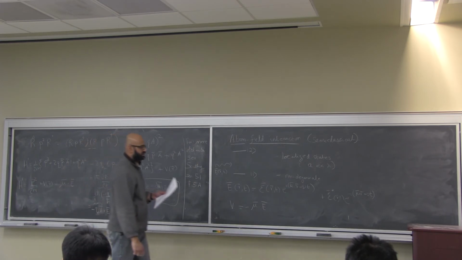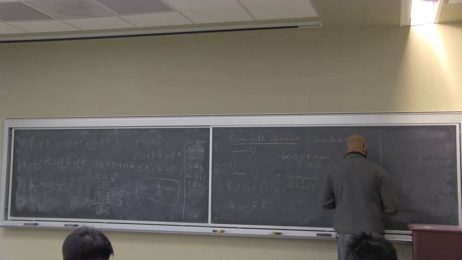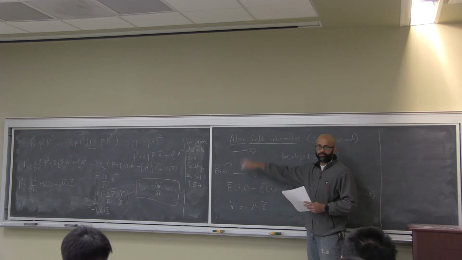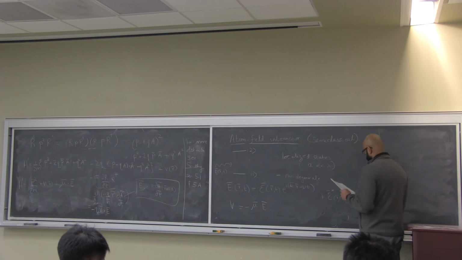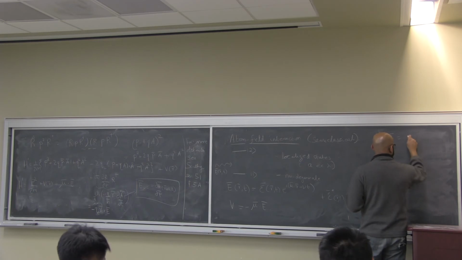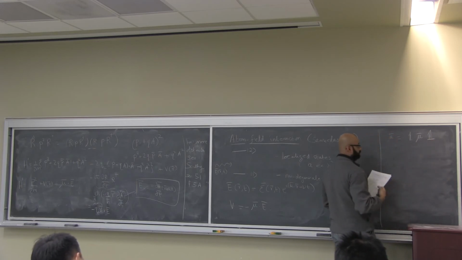So let's look at this dipole operator mu and evaluate it in the space of 1 and 2, these two-level systems. Okay. So the dipole operator mu is, of course, we can write it as this, 1 times mu times 1.